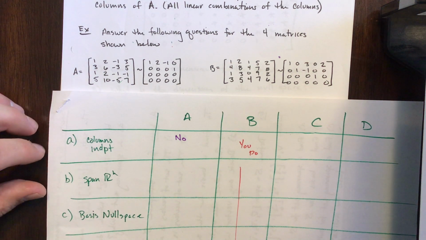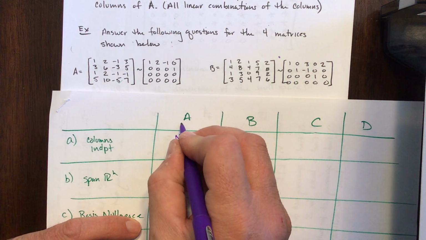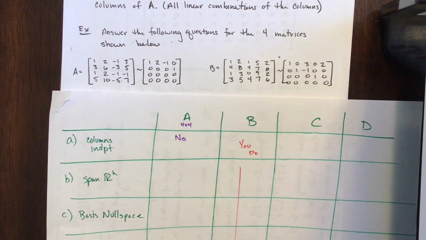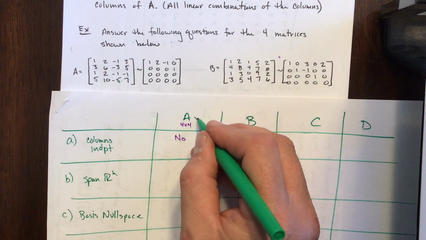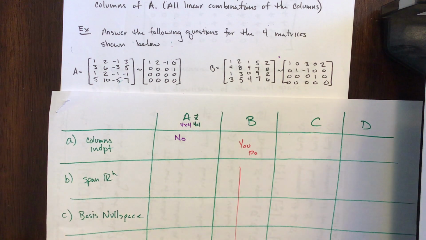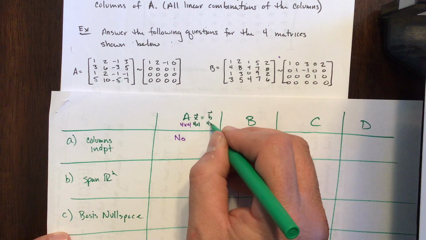Does A span Rn? Well, what is Rn? Let's look. A is a 4 by 4 matrix. So when we multiply A by some vector x, the vector x that we're multiplying it by is a 4 by 1 vector, and it's outputting some vector b, and that vector b is a 4 by 1 matrix.